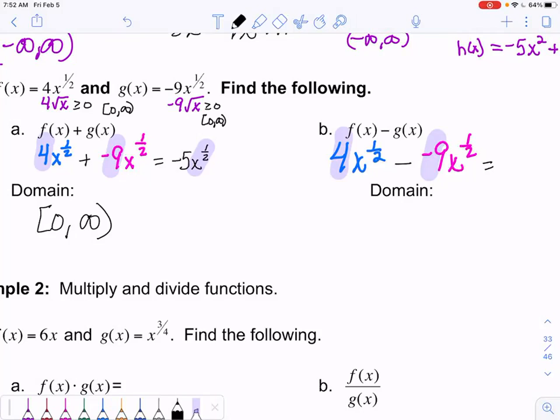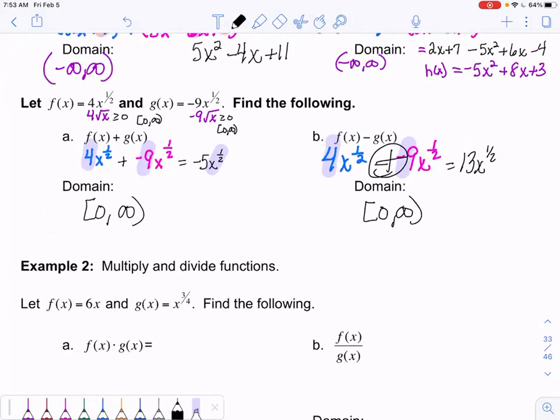You're close, flip the sign. Positive 13 and then x to the 1/2. So my minus negative, those guys turn into a big plus sign. Double negative makes a positive. The domain isn't changing, still 0 to infinity.